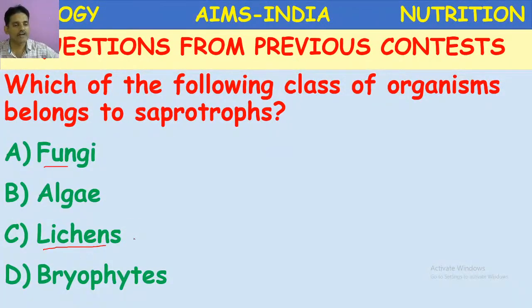Lichen is an association of algae and fungi living together, but the fungi directly get nutrients from the algae, so they need not depend on saprophytic nutrition. Bryophytes are another group of plants, they undergo photosynthesis. So here the correct option is A.